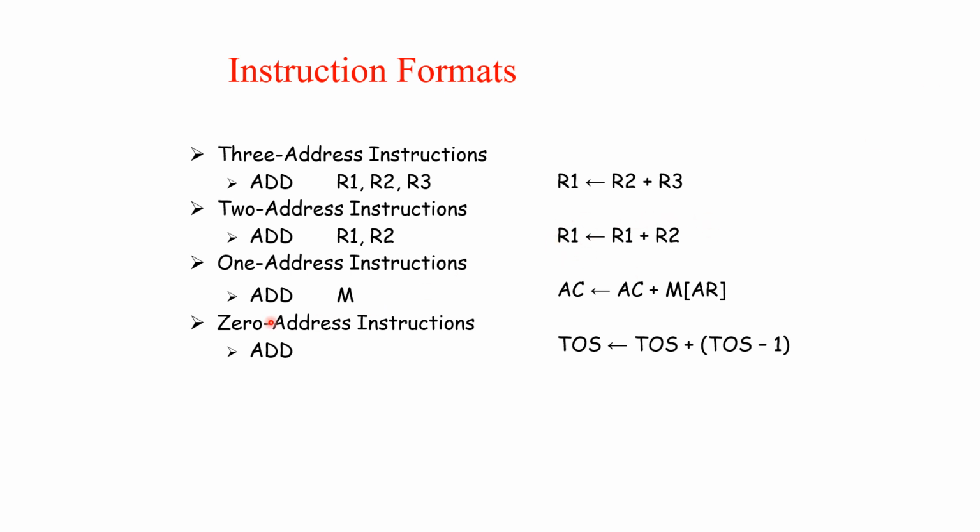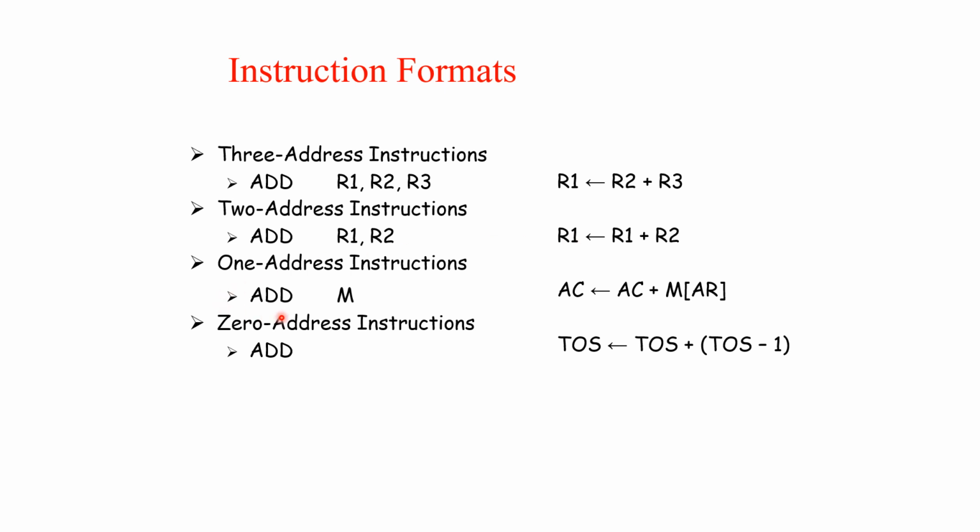One address instruction. One address instruction uses a single operand, with the operation typically performed using an implied or specified register. In this format, the instructions specify one address or operand and the result is usually stored back in the same register.